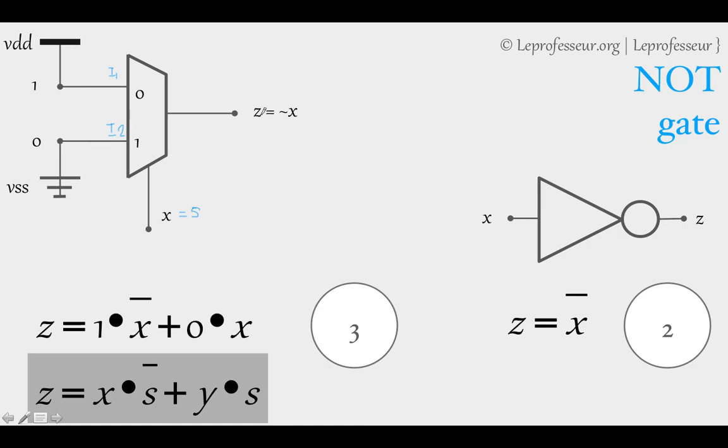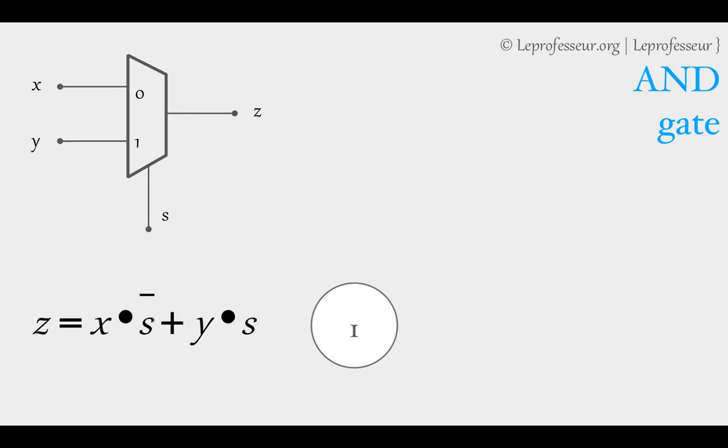And the other way around, when your select line is 1, output is routed to VSS, which is logic 0. Very simple. So always remember, we have to make use of the select line somehow while thinking in terms of multiplexer and gates.